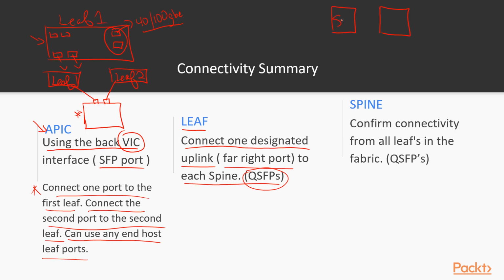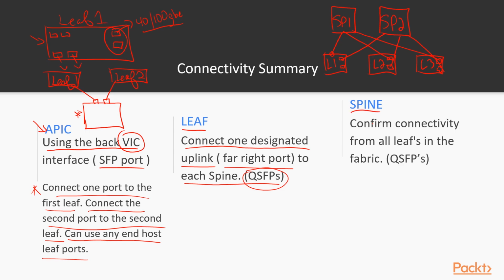We got 2 spines, spine 1, spine 2, and leaf 1, leaf 2, leaf 3. We connect one interface to spine 1, and this is one of those uplinks on the far right, and then the other one goes to spine 2. Same with leaf 2, one goes to spine 1, one goes to spine 2, and finally leaf 3, one goes to spine 1, and the other one goes to spine 2. You got it? Make sure always dual connectivity, spine 1 and spine 2 for each leaf, okay?